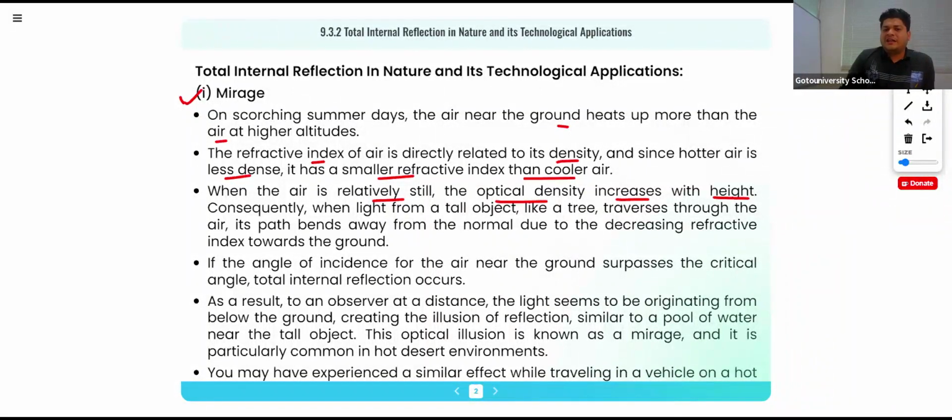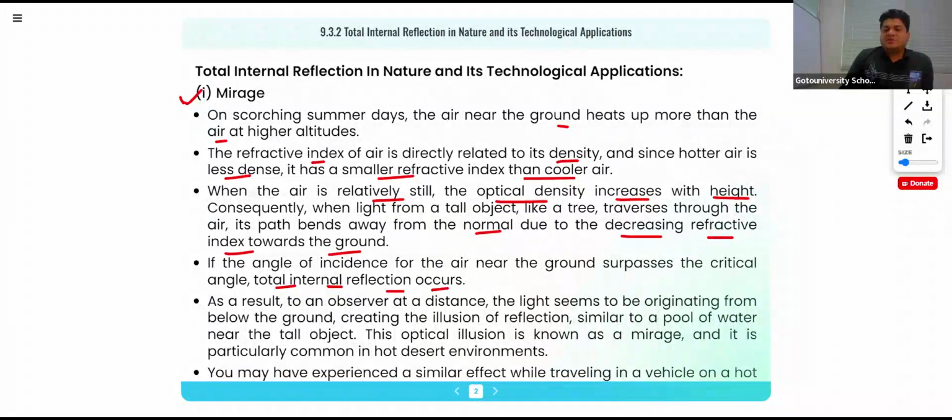Consequently, as the light from a tall object like a tree traverses through the air, its path bends away from the normal due to the decreasing refractive index towards the ground. If the angle of incidence for air near the ground surpasses the critical angle, total internal reflection occurs.